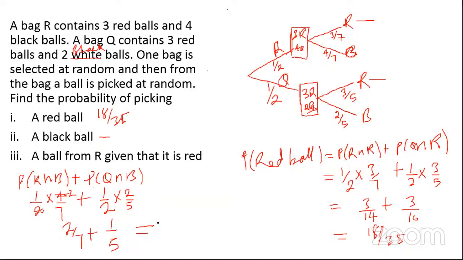And what would be the answer? Two over 7 plus 1 over 5 on a calculator.